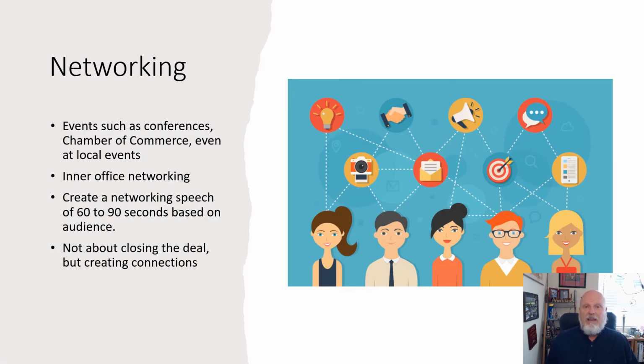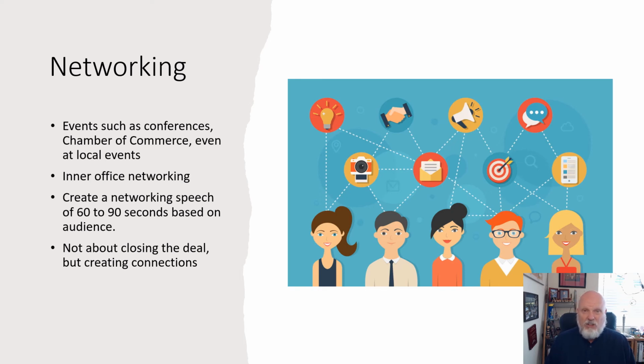Networking. Now, networking is another situation. We've done the networking speech, so you know what you're looking at putting together. But understand, networking occurs quite frequently in companies. And networking could occur between departments. Yeah, you're in marketing, but you know what? No one gets along with IT.